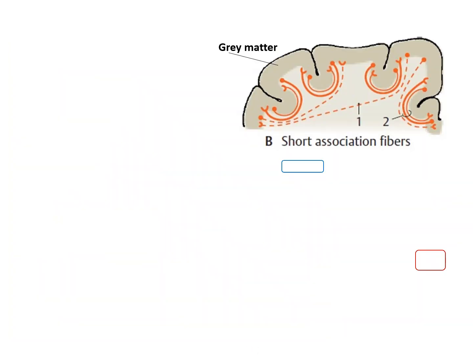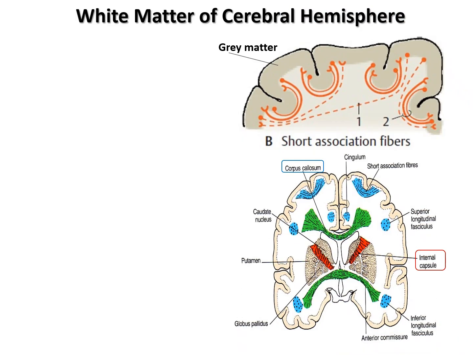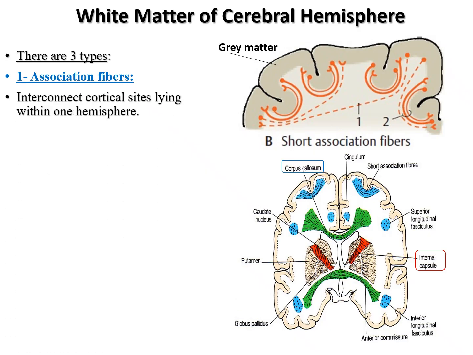So to classify the white fibers of the cerebral hemisphere, they can be divided into association fibers, blue color here, which connect certain areas in the same cerebral hemisphere, right or left, like these U-shaped fibers.